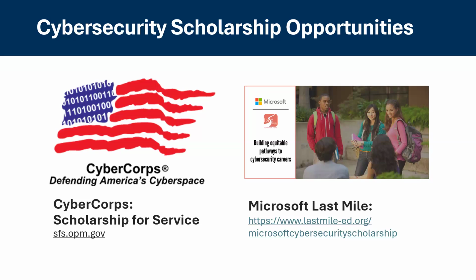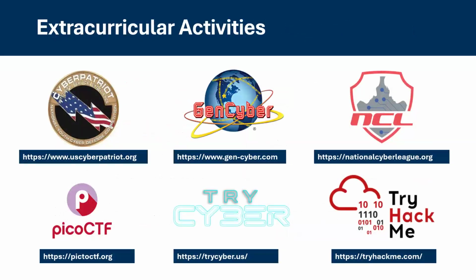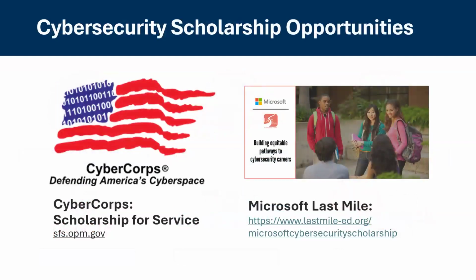There's also the Last Mile through Microsoft. If students are having an issue paying tuition or getting books towards the end of their academic career, they can apply for funding, no questions asked. I think it's up to $500. And there are others. NSA has some, and there are other ones as well.